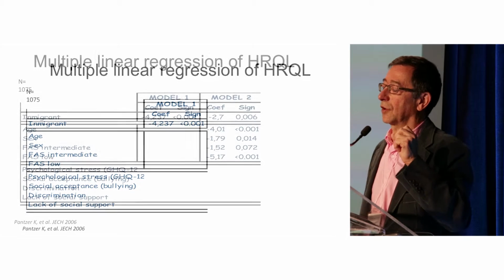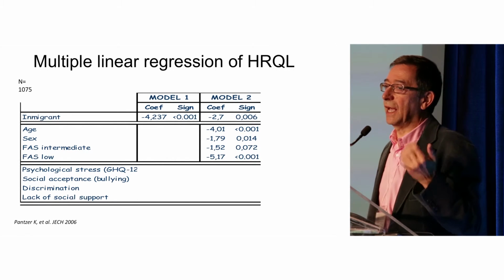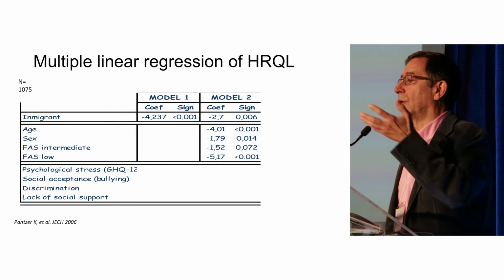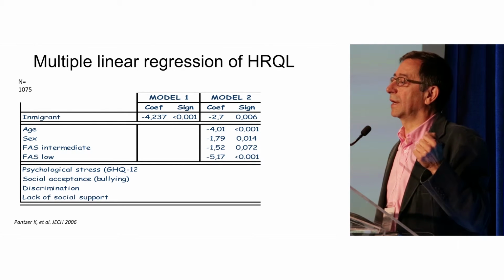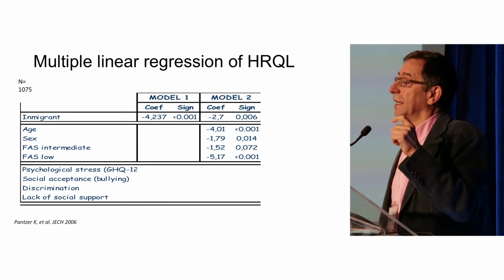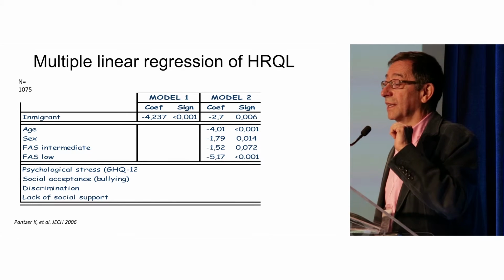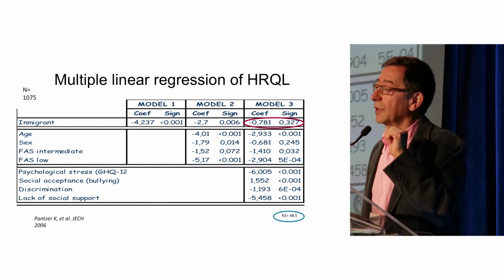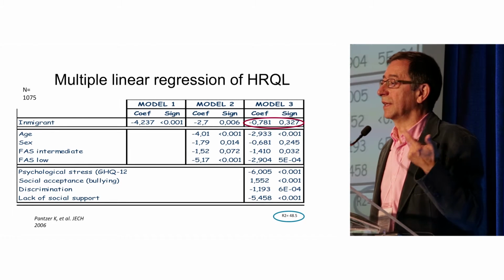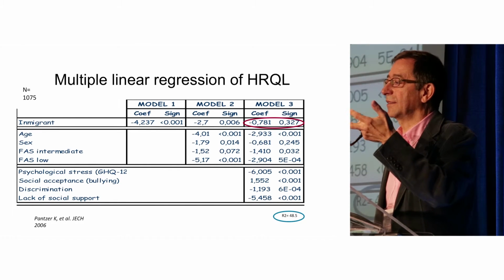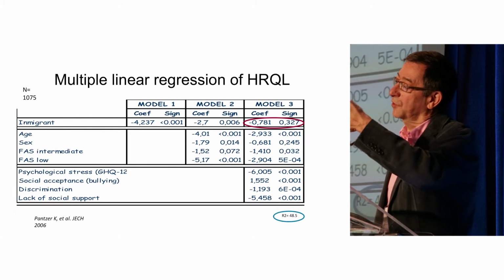with a statistically significant score. Then when we introduced age, sex, and socioeconomic status, the Family Affluence Scale, all these factors were statistically significant, and the immigrant coefficient still remained significant. And when we included psychological stress, bullying, and discrimination, all these were statistically significant with a negative score, and immigrant disappeared from the model.